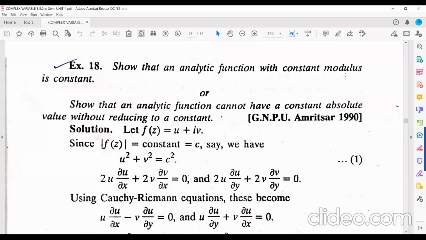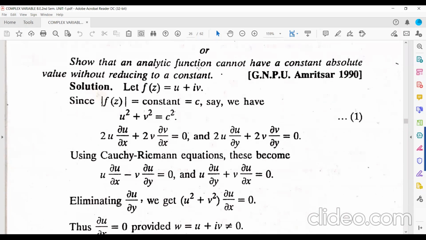So an analytic function with constant modulus is constant. If your analytic function is given, and you are finding its modulus, if the modulus is constant, then the function itself is a constant.